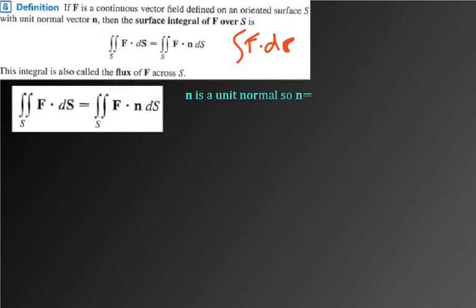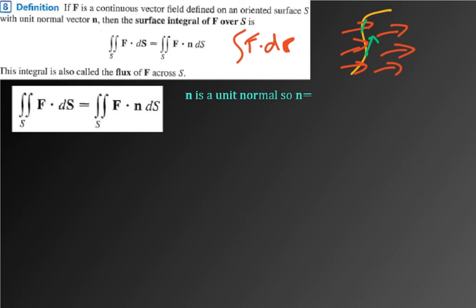It's just like how we could think of line integrals over vector fields. Look at the correspondence between the vector field and the dot product direction part.